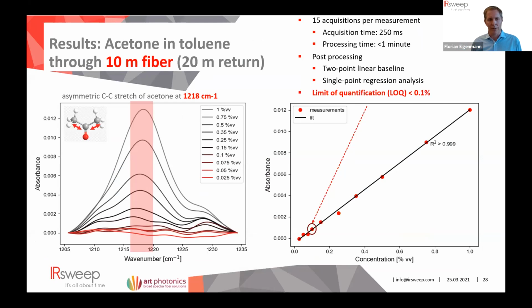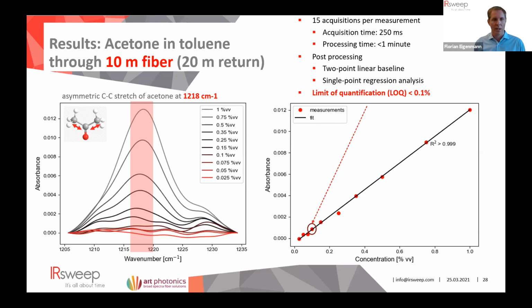That's a reaction which a lot of leading FTIR companies use just to measure the performance of an ATR fiber. The big innovation here is definitely that we had such a fiber of up to 10 meters, and those data were recorded in less than 250 milliseconds, and with the current processing time, less than a minute, we got those data points.